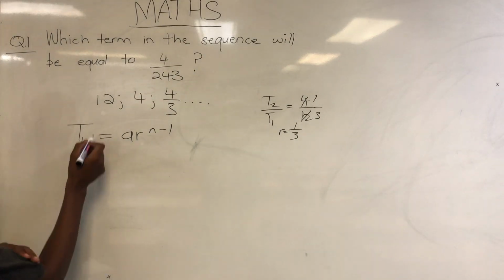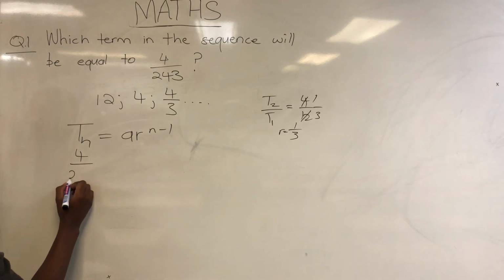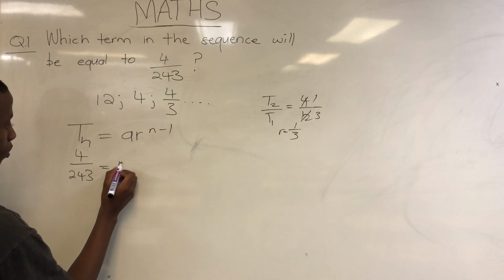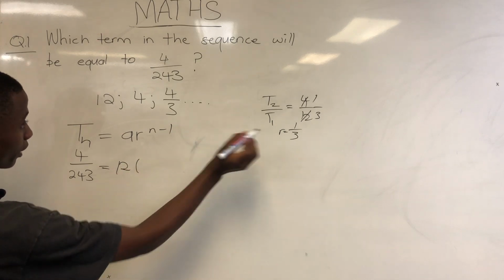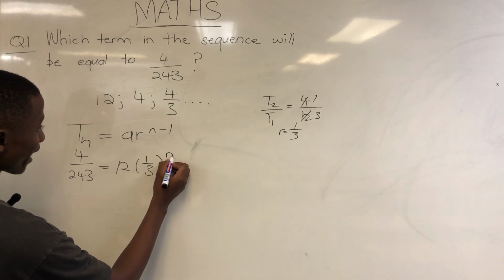So 4 over 243 will be equal to a, which is 12, multiplied by 1 over 3 to the power of n minus 1.